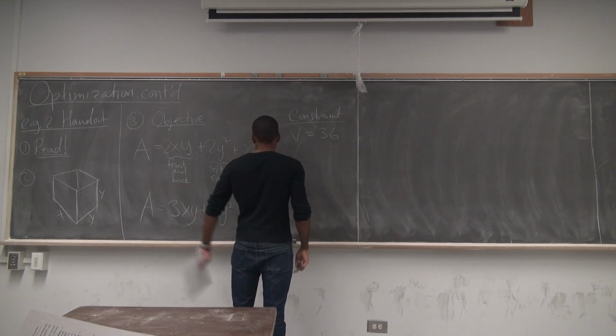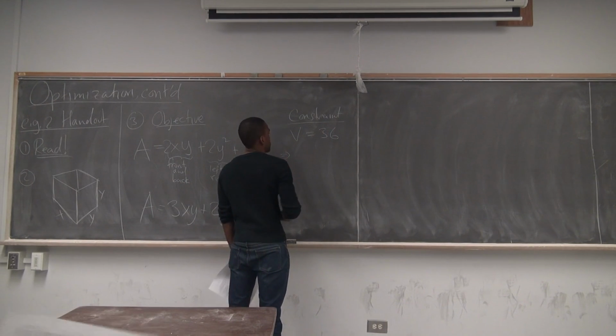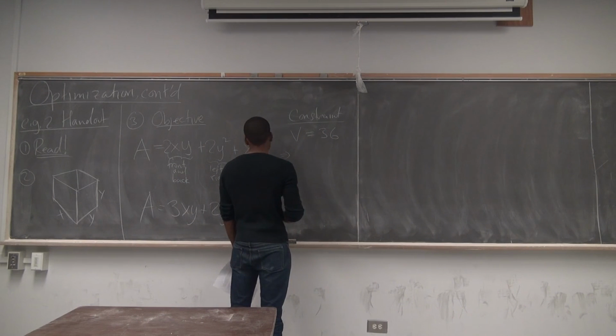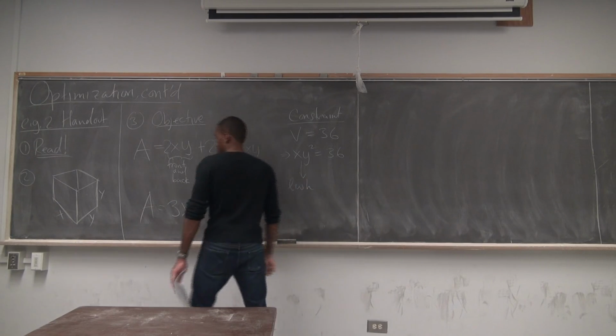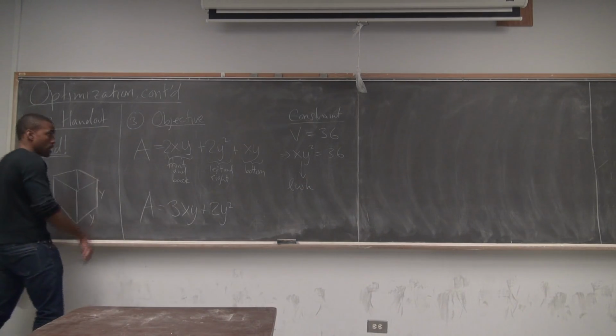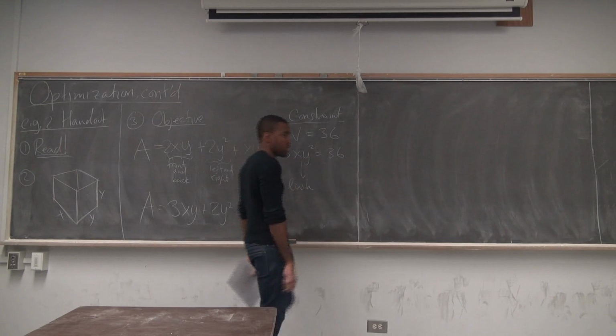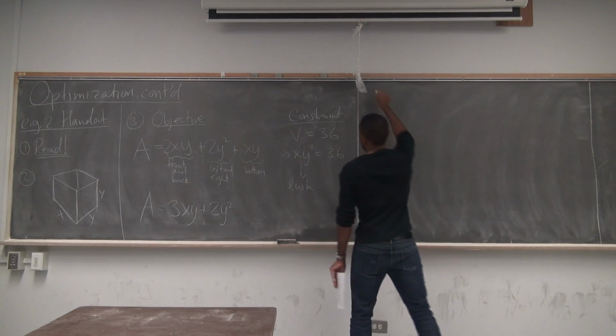But based on this diagram, how do we find the volume? What is it? xy squared equals 36. Right? This is basically length times width times height. So I take x times y squared, that's going to be my volume, and it must be 36. That's a constraint. What was step 4?